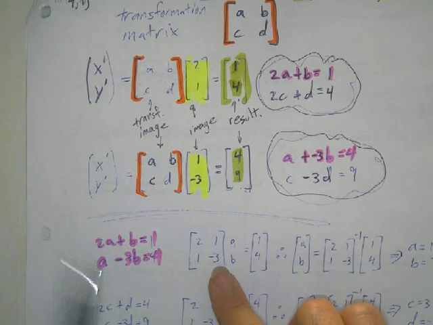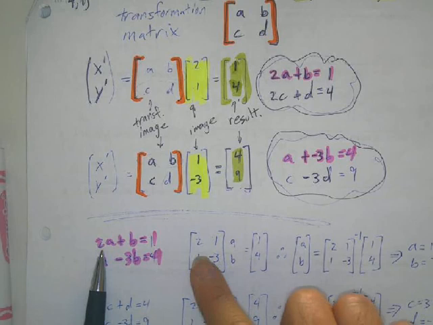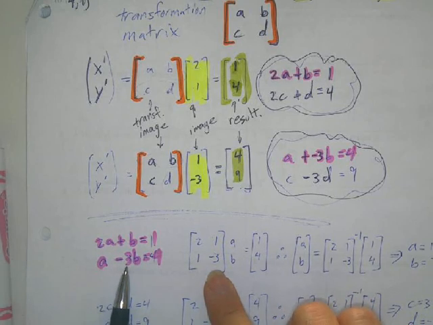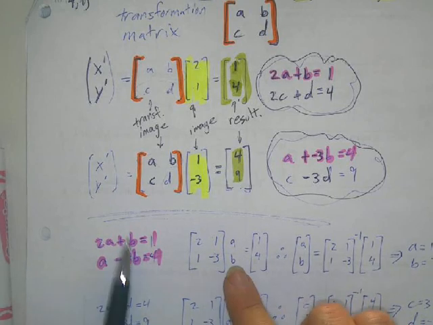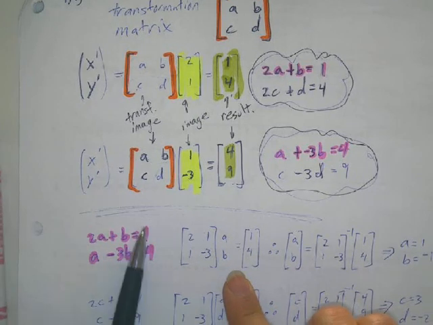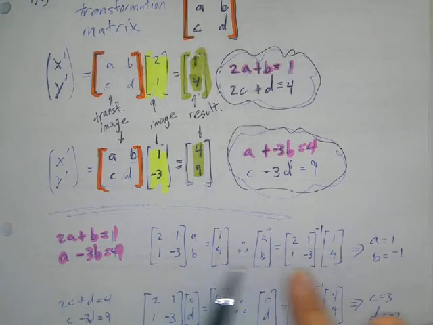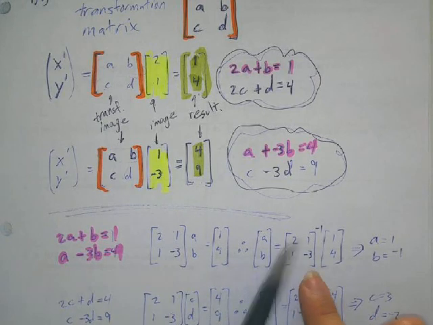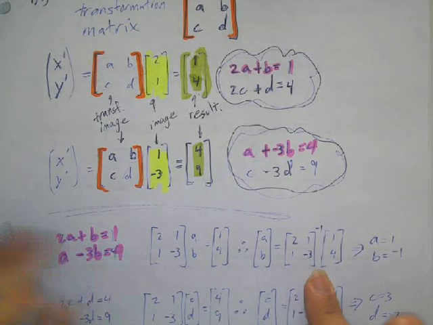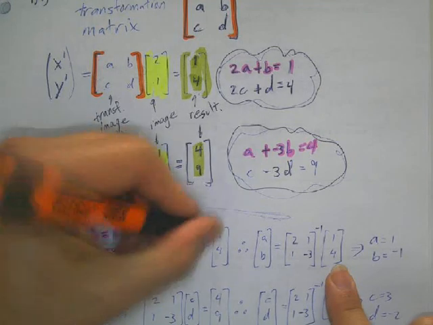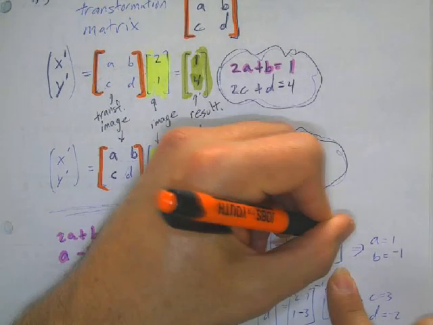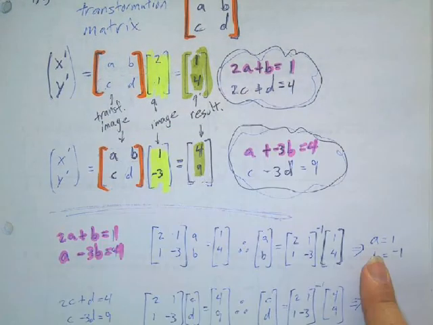So I'm going to take out the coefficients, the 2, the 1, and the negative 3. And then we've got A, B, and my constants matrix is 1, 4, and I put this into my calculator. I take the inverse of the 2, 1, 1, negative 3, and multiply by my constants matrix, and then I can figure out that A is equal to 1 and B is equal to negative 1.